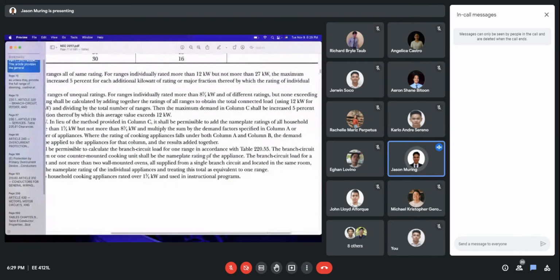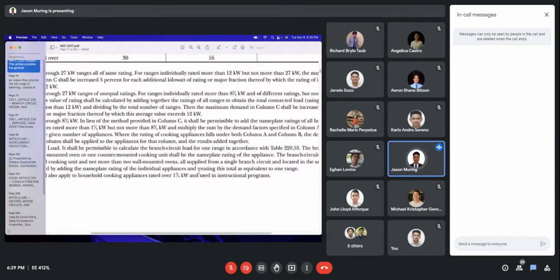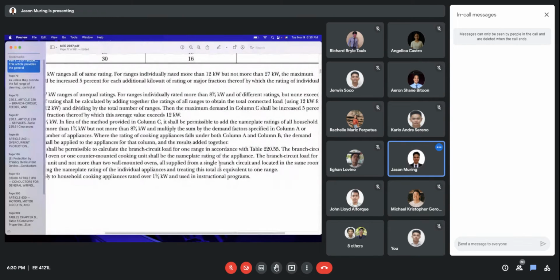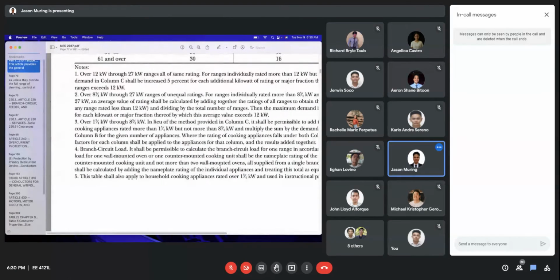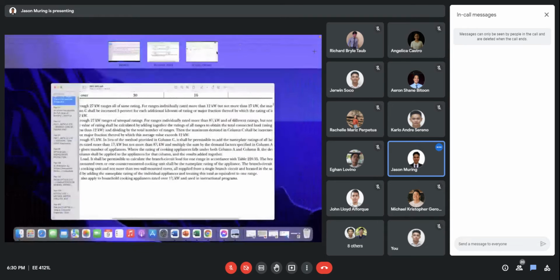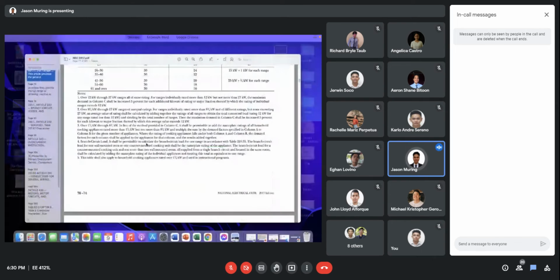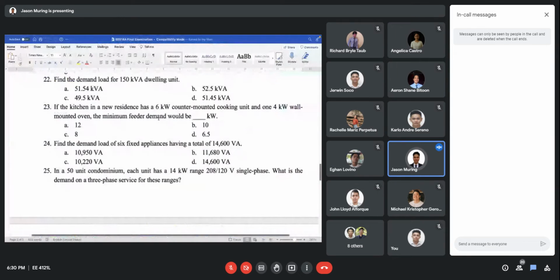The branch circuit load for the counter-mounted cooking unit and not more than two wall-mounted ovens, all supplied from a single branch circuit and located in the same room, shall be calculated by adding the nameplate rating of the individual appliances. So we have to consider that these two appliances are connected in a kitchen, so they are located in the same room.